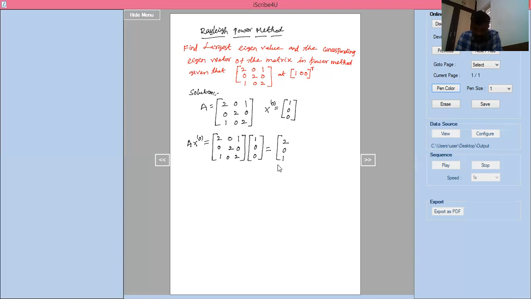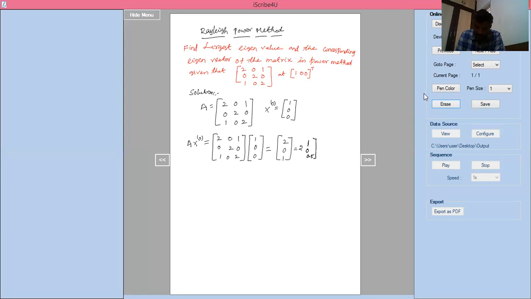This is 2, 0, 1. Taking 2 outside, we get 1, 0, 0.5.